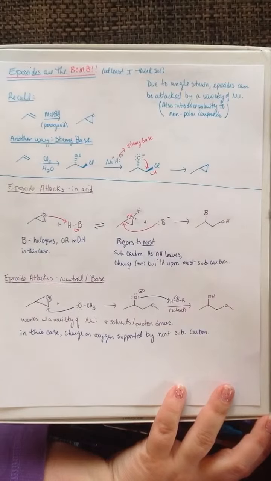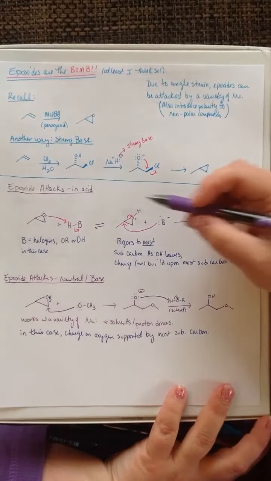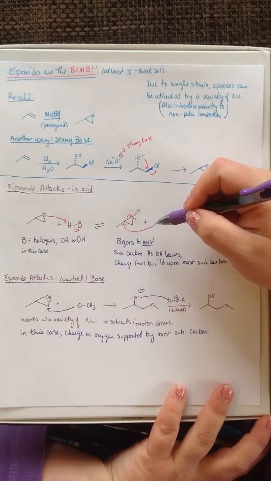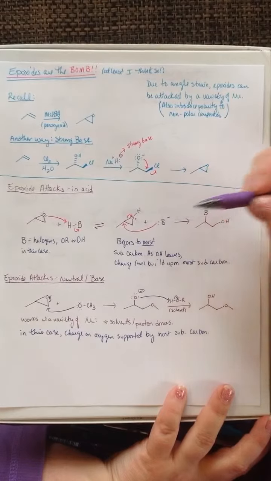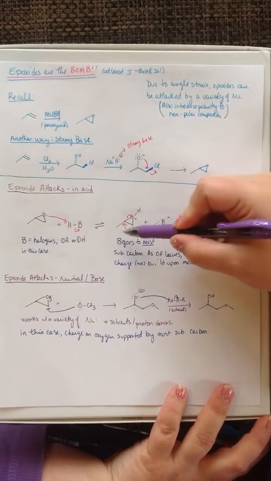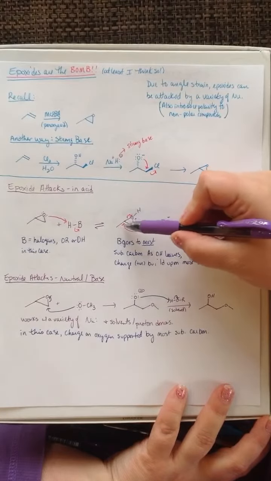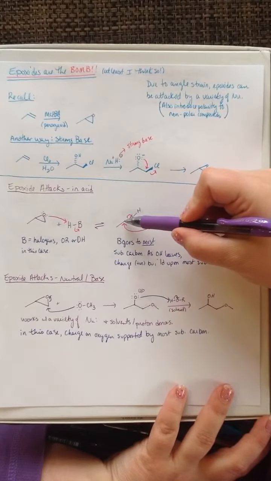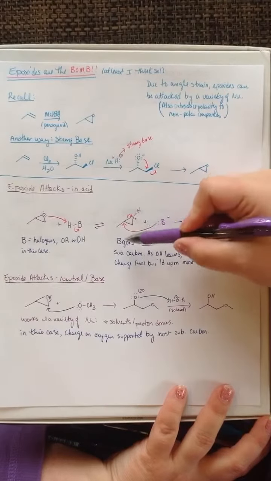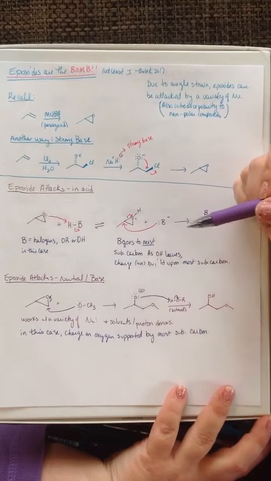Or, sorry, that made no sense, did it? It's much easier to think your way through this than to memorize it. That's what I was trying to say. Okay, so as this is leaving, we've got this guy coming in. This transition state's got a lot of charge buildup on it, and that's why the nucleophile, whatever that is, as it attacks, is going to go to the most substituted carbon.